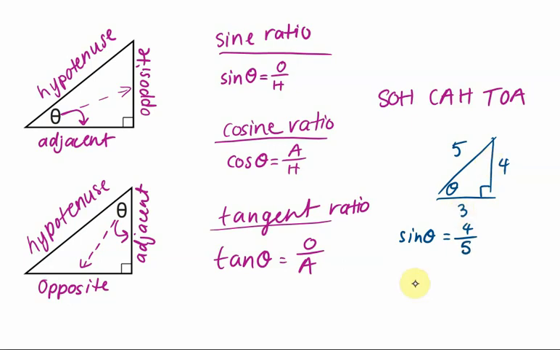That's the ratio of the side lengths. We could write the cosine ratio as the adjacent side, which is 3, over the hypotenuse side, which is 5. And we could write the tangent ratio as the opposite side, 4, over the adjacent side, which is 3. And we've got a ratio that compares each different pair of sides there. And so to determine which ratio to use, it depends on which sides we are referring to.